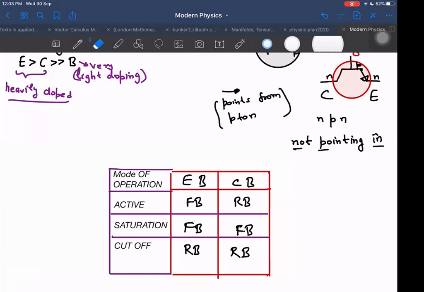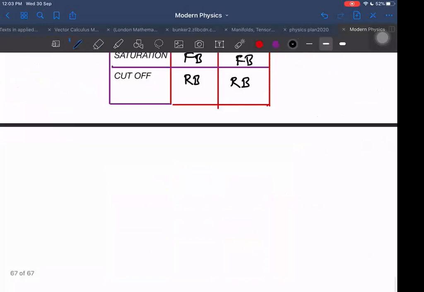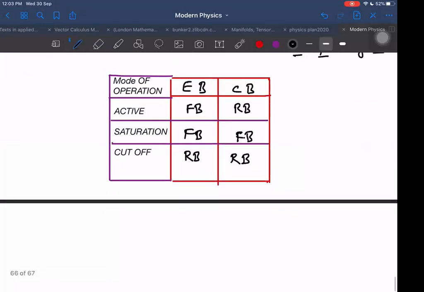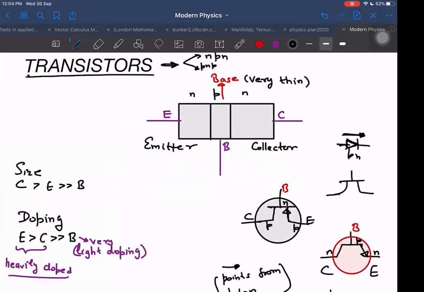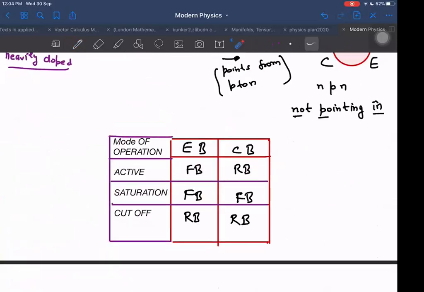Okay, saturation mode. In order to understand these modes of operation, we call it active mode for the time being.